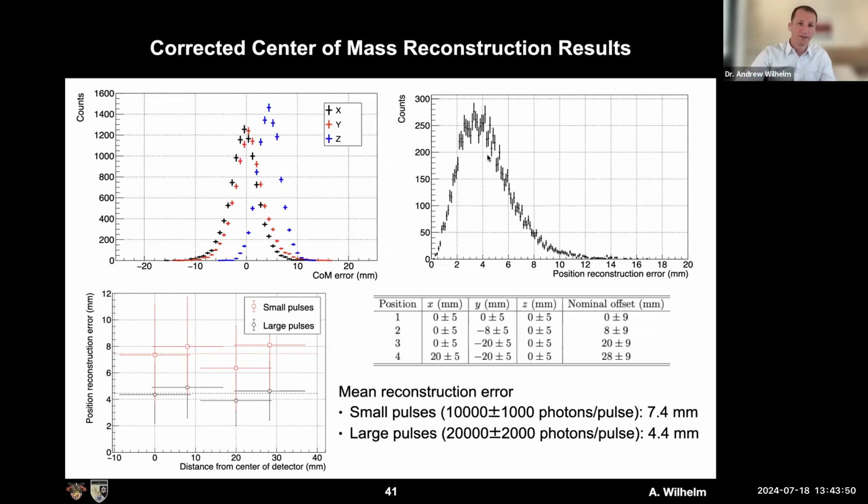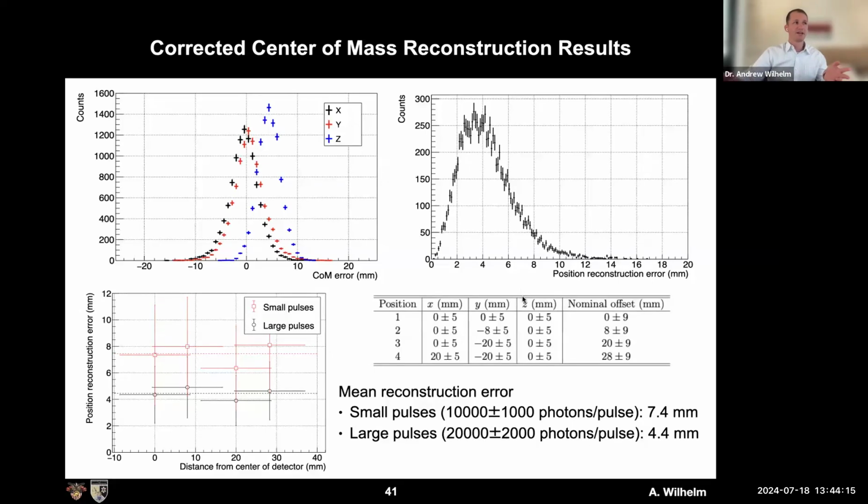For events close to the center of the detector that were large, we have a position reconstruction error of a little less than 4 millimeters on average. If you consider the average across 4 positions in the detector at various distances from the center, for large pulses of 20,000 photons per pulse, which corresponds to about 1.5 MeV, we have a position reconstruction error of 4.4 millimeters.